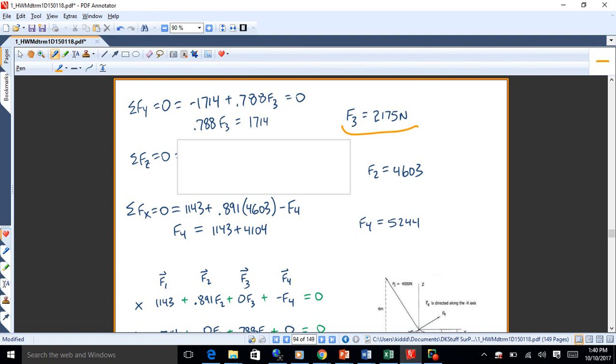I can do sum of Fz, and I'll get F2 is 4603. And then once I know that F2 is 4603, I can plug it in everywhere I see an F2, like into that x equation. And I can solve for F4. It's 5244. So there are the three solutions for the three unknown forces. Okay.